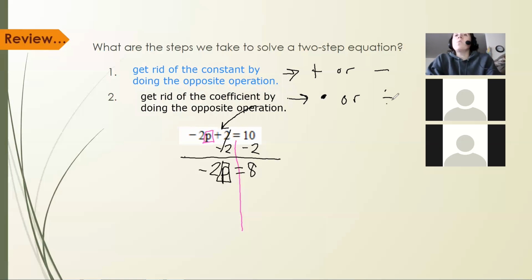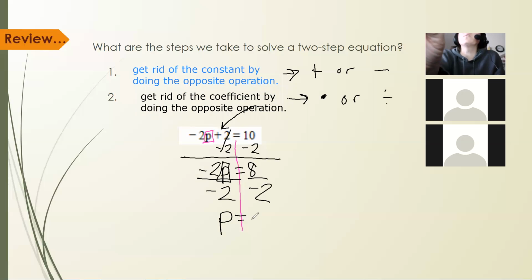Okay, so now that -2 is being multiplied by the p, right? Because whenever a number is right next to it, it means multiplication. What's the opposite operation of multiplication? Division, that's right. So we're going to divide by -2. So we get p equals -4.